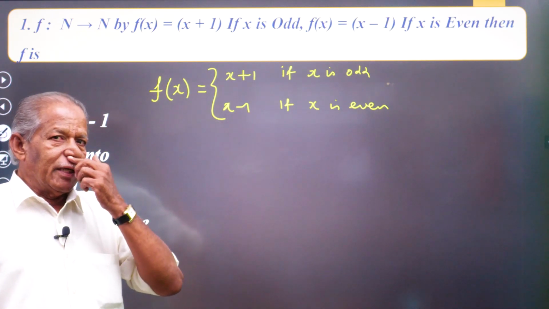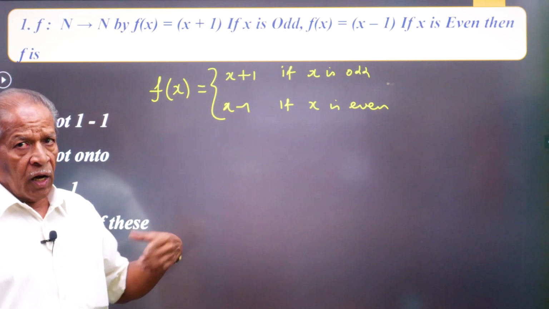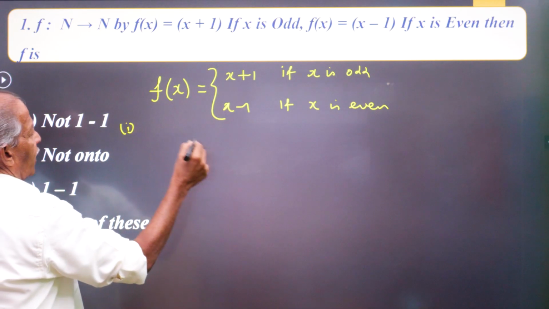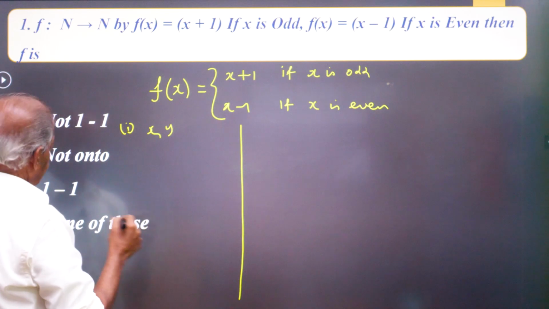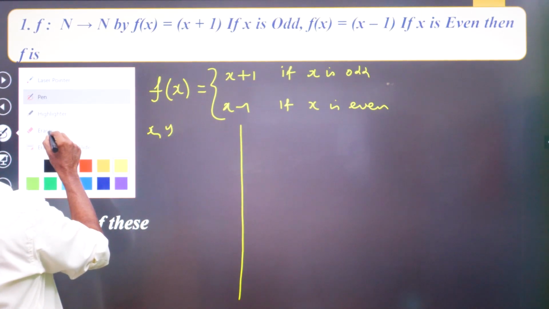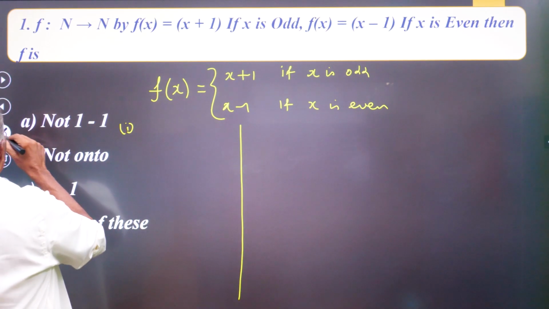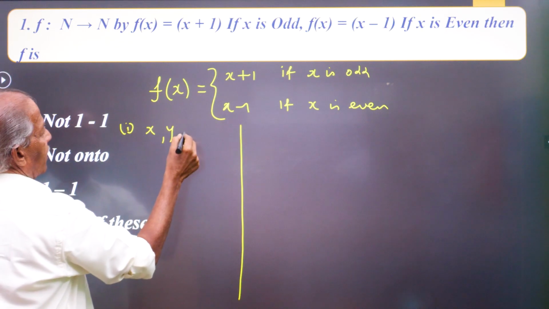You know what the definition of one-one is; already we discussed it in the first part. Now look here, I am taking case 1: both x and y are even.